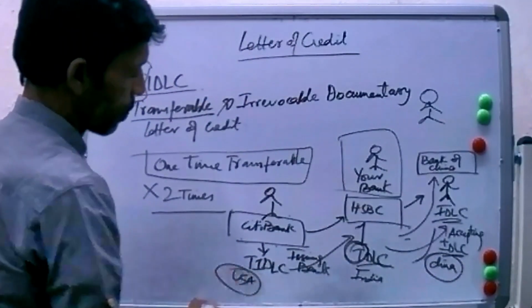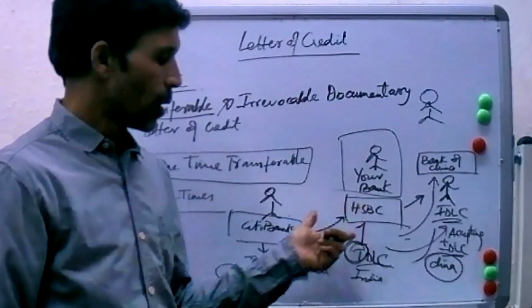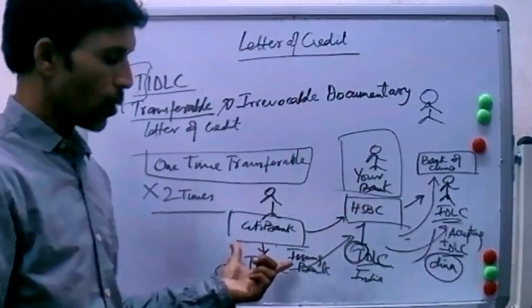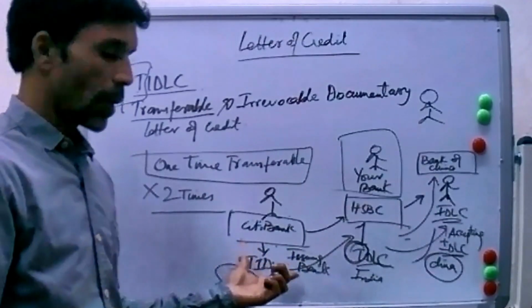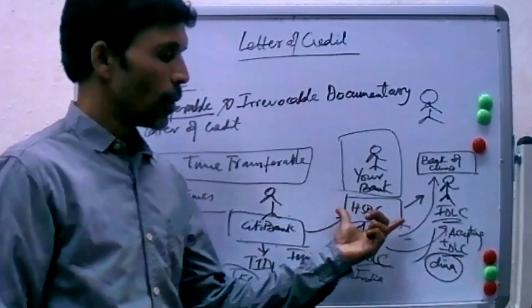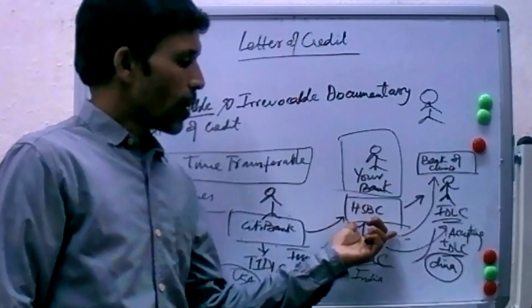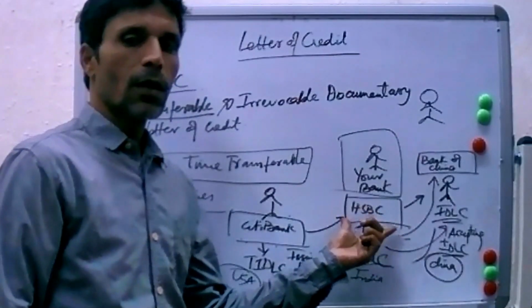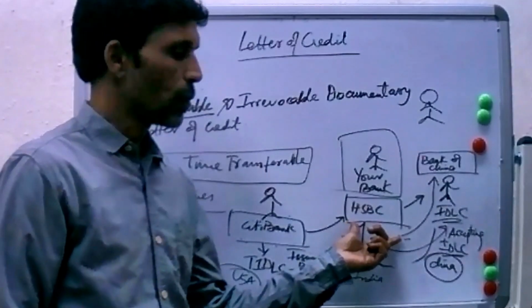Okay, once the buyer's bank, Citibank, has issued for HSBC Bank, once they prepare this documentary letter of credit with the face of the transferable name, and they issue this letter of credit to your bank, HSBC, after that you need to transfer this transferable irrevocable TIDLC to the supplier.